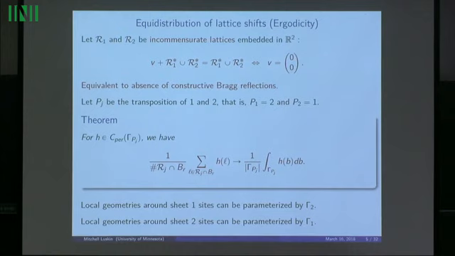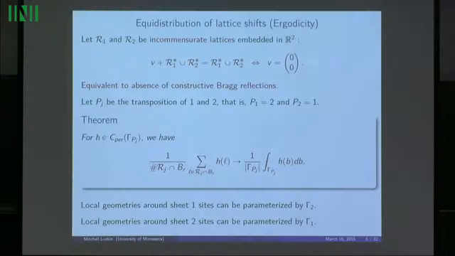It says that if I give you a function h, and for simplicity let j equal 1, it's easier to talk about. So I have a function h that's periodic on the unit cell of lattice 2. Remember, we have a lattice, say a hexagon and a rotated hexagon, with a unit cell, and the unit cell in the layer above is rotated.